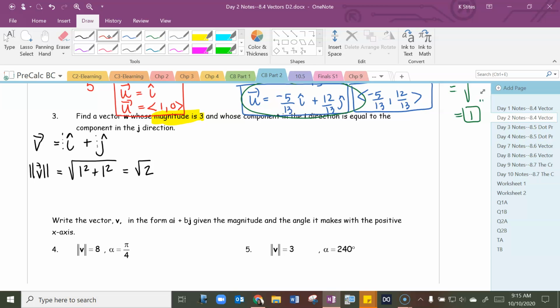What I can do is create a unit vector, and I know that a unit vector has a magnitude of 1. Now again, I know that 1 isn't the same as 3, but bear with me here. The unit vector takes our vector and divides it by its magnitude. So I just created a unit vector here.